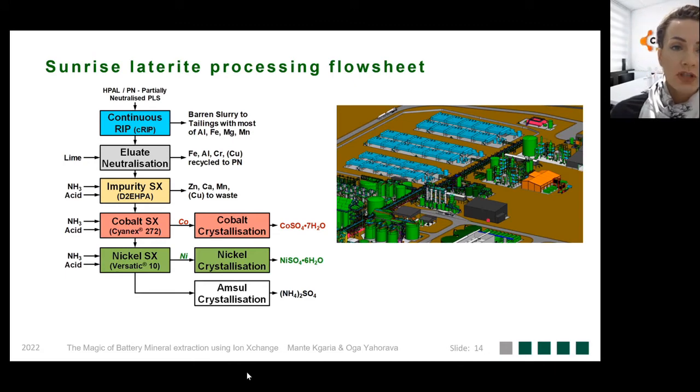In the flow sheet which Sunrise project is implementing, they use continuous ion exchange, resin and pulp, to recover bulk of nickel and cobalt, purify to an extent, upgrade, and provide a subsequent feed for the further refinery via solvent extraction technology.